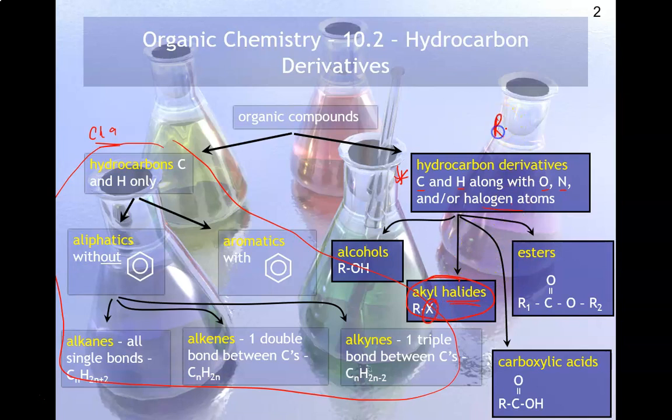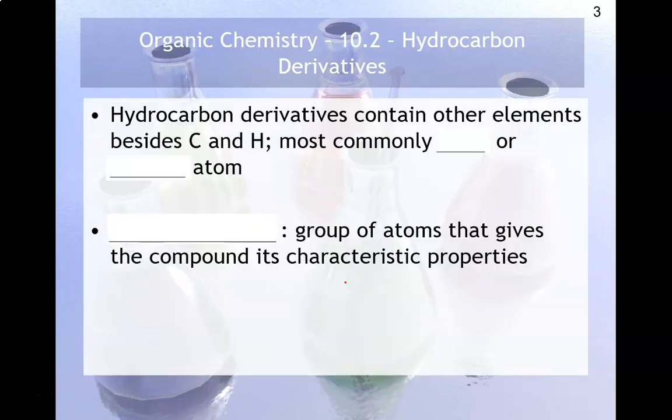The R, where you see it says RX, that R is simply talking about some sort of hydrocarbon chain. So anytime you see an R with this, it's just talking about a hydrocarbon chain. Hydrocarbons typically have just C and H, but most commonly an O, an N, or a halogen atom will be attached to it to make it a hydrocarbon derivative.